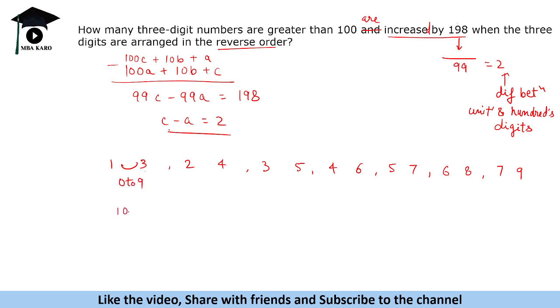So there are 10 ways. So 10, 20, 30, 40, 50, 60, 70. There are 70 such numbers. So 10 ways of filling, and there are 7 such cases. So 7 into 10, 70 numbers exist of this pattern.